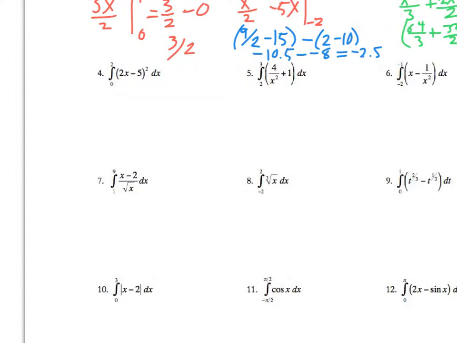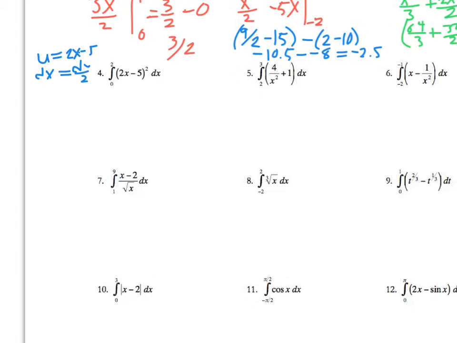For number 4, we don't have a way to deal with this directly unless we use some u substitution, which, why not? u is equal to 2x minus 5. That means that dx is going to be du over 2.